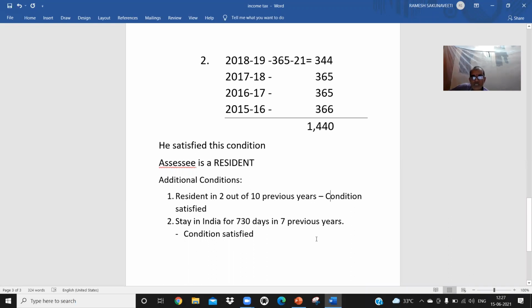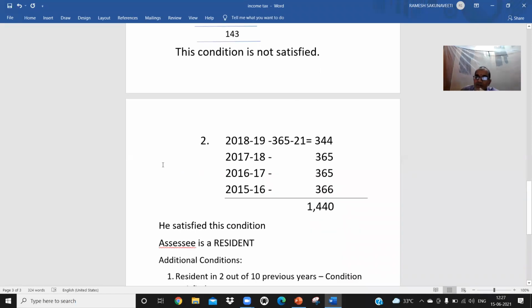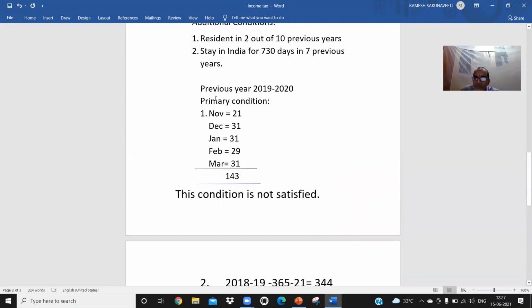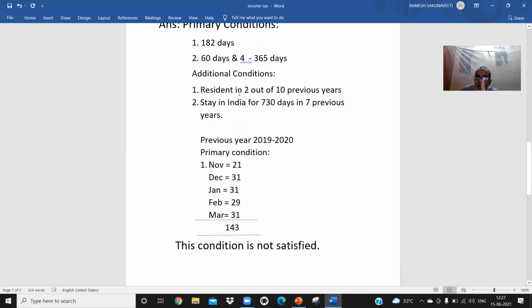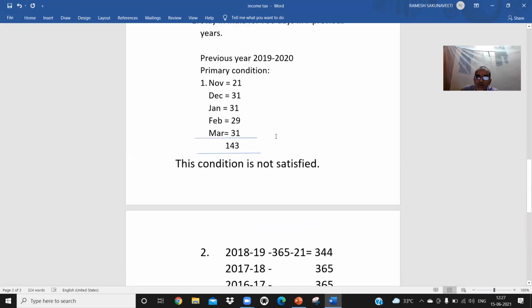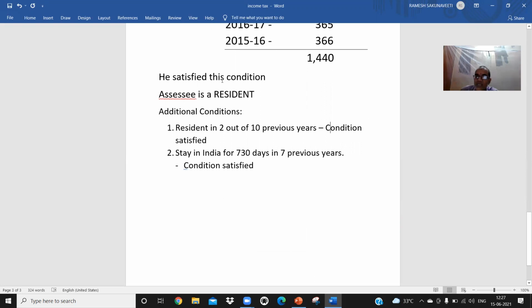Additional conditions: he was a resident of India during 2 years in the last 10 years, and he stayed in our country for 730 days during the last 7 previous years. Both these conditions are satisfied. In our conclusion, he satisfied one primary condition and two additional conditions are satisfied by him.